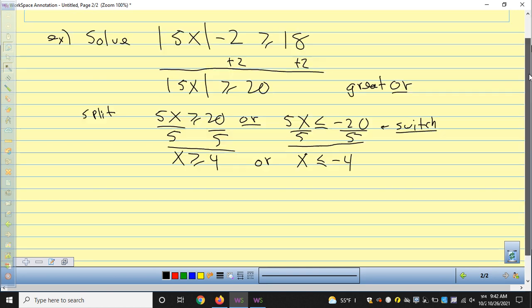And if I were to graph this, my graph for an or inequality, 2 thumbs pointing away from each other, there's 1, 2, 3, 4. There's 1, 2, 3, 4. That's 0. My graph would look like, since I have an equal, is that an open dot or a closed dot with equal? Closed dot with equal. And my arrows are going to go opposite directions.